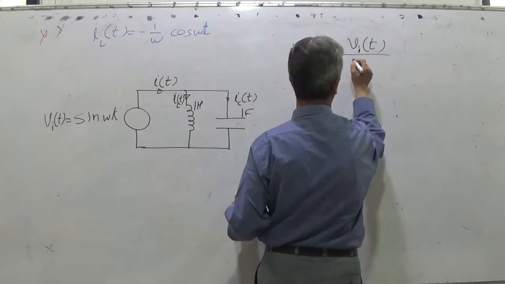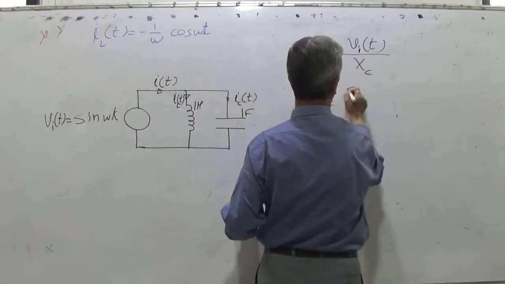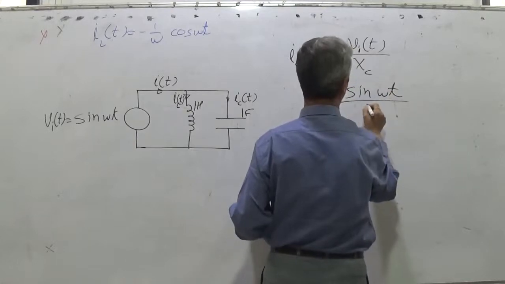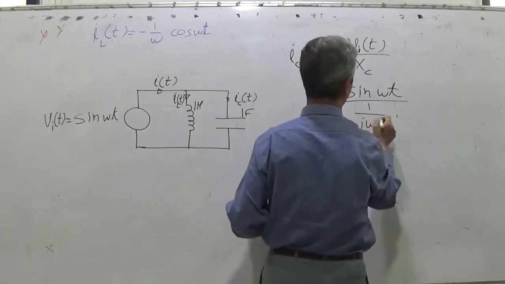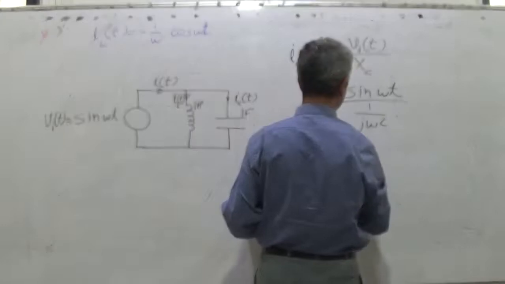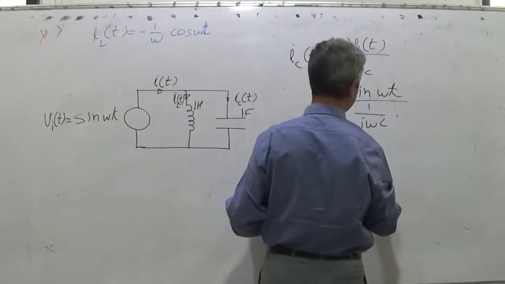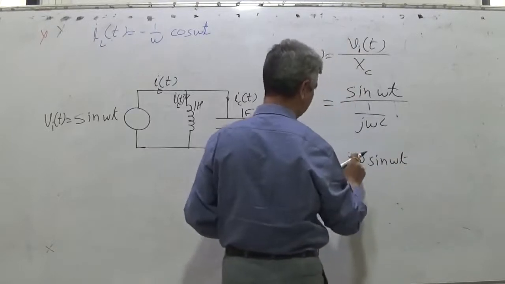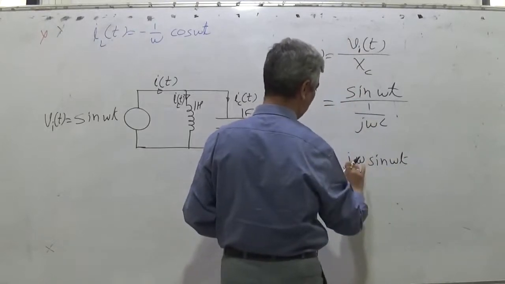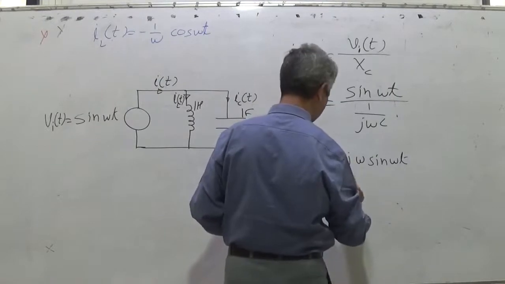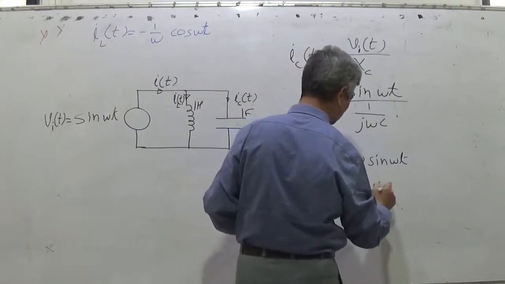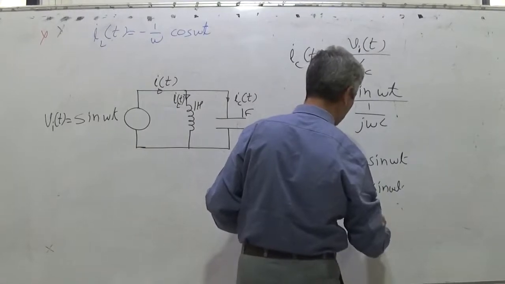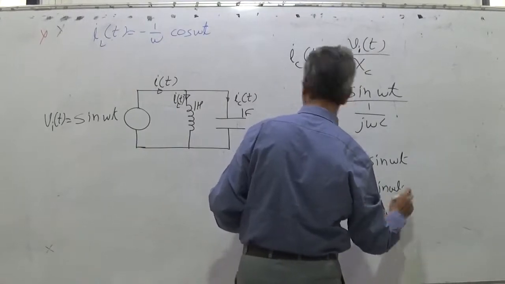That is equal to sin omega T upon 1 upon j omega C. C is 1, so this is j omega sin omega T. Taking omega on this side, omega j sin omega T, that is omega cos omega T, since j sin is cos.